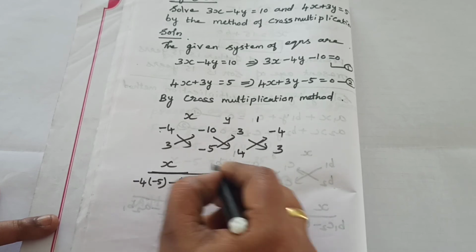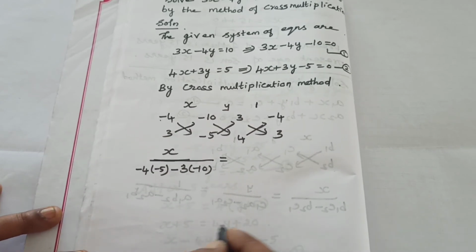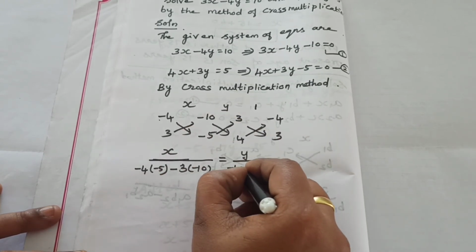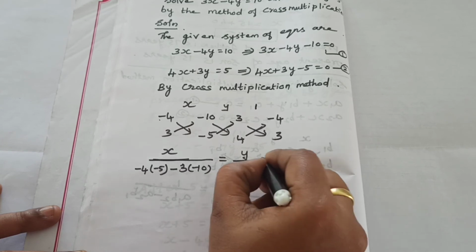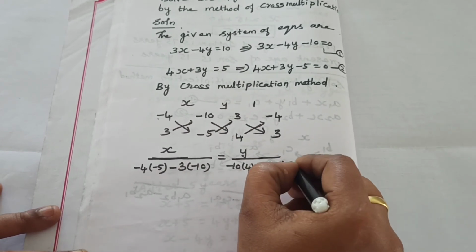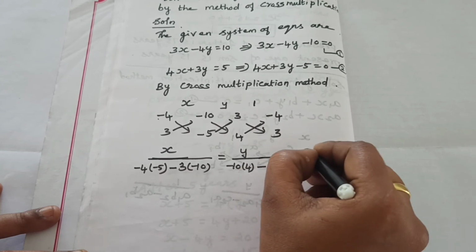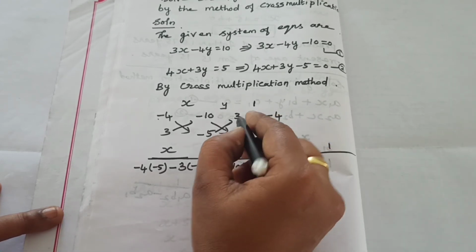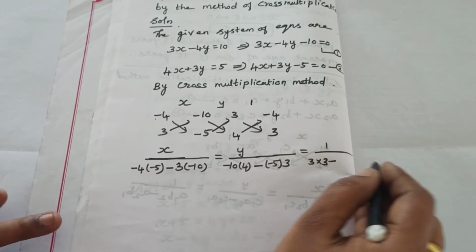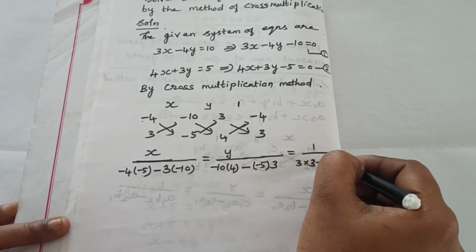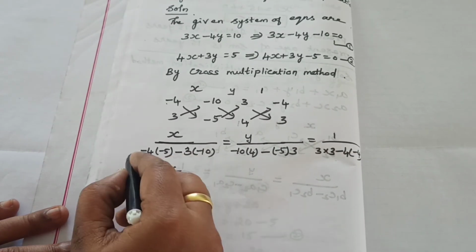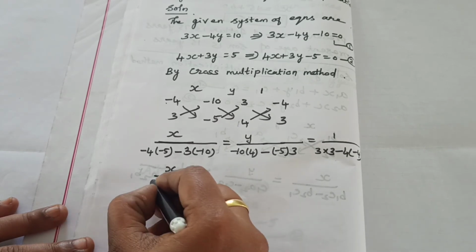Then y divided by minus 10 into 4 minus minus 5 into 3. Then equal to 1 divided by 3 into 3 minus 4 into minus 4. Correct?